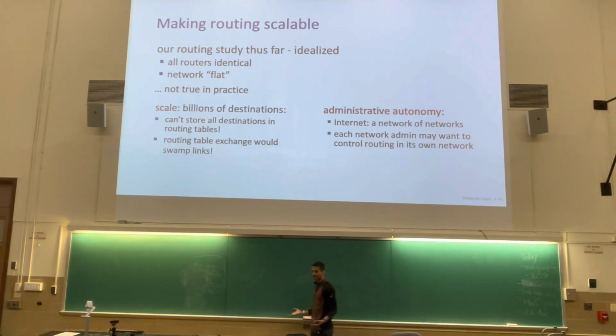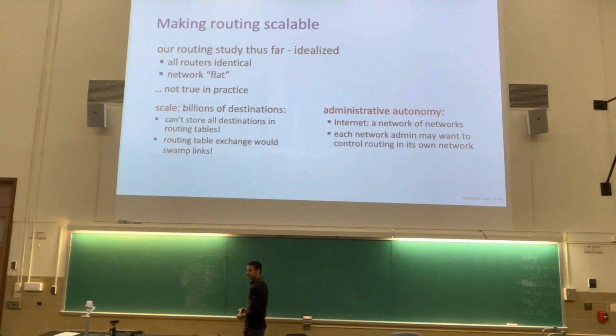UMass is an autonomous system. AT&T is an autonomous system. UMass is, of course, a much smaller geographic network than, say, AT&T or Verizon. But these are organizations or companies that have autonomy. They have control over how they run their affairs or their business if they're a for-profit corporation.